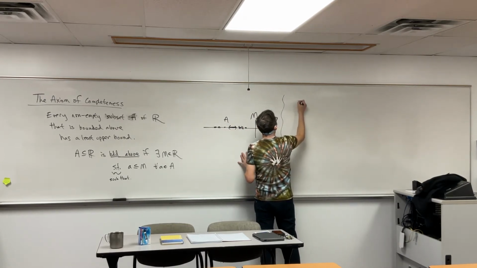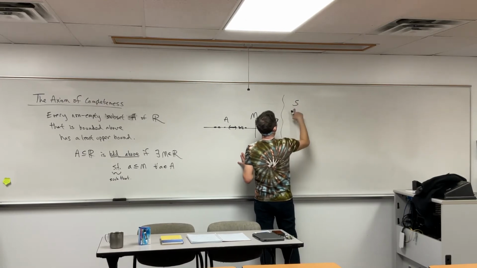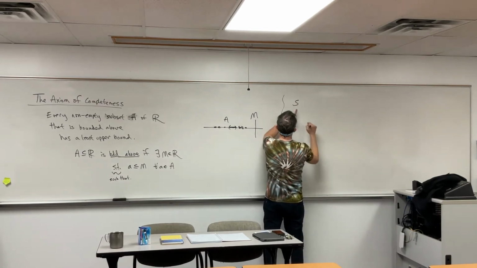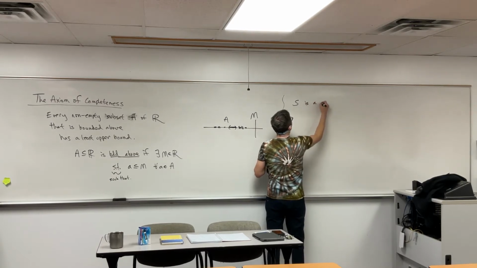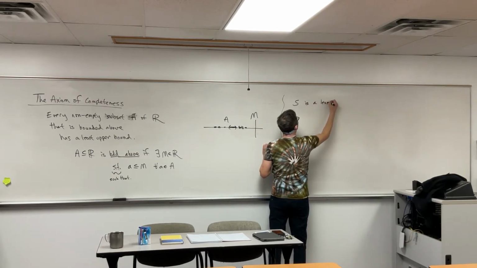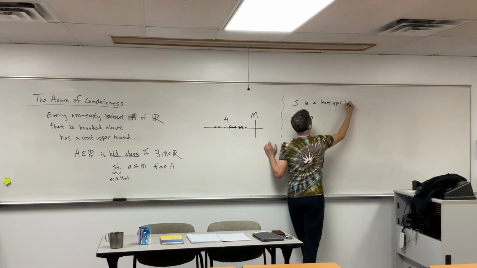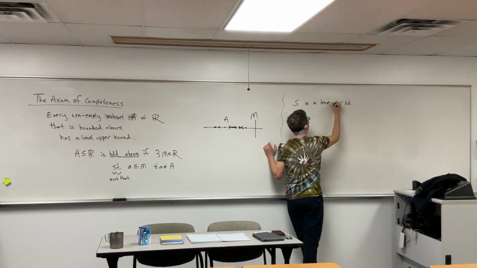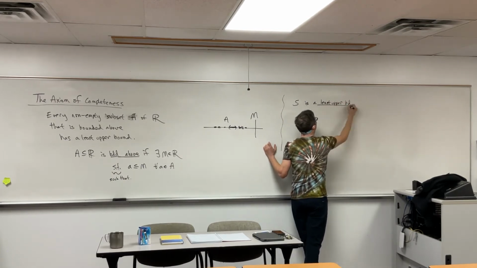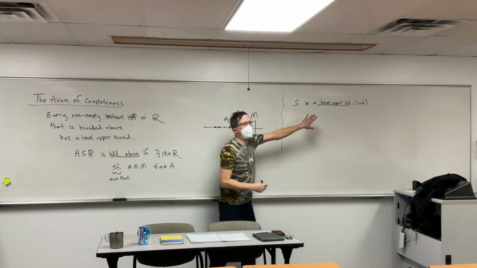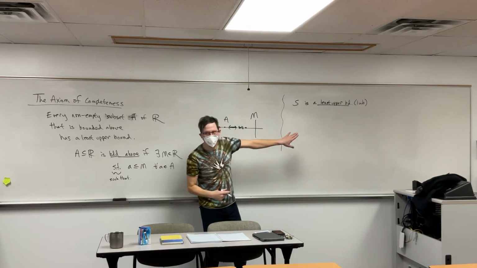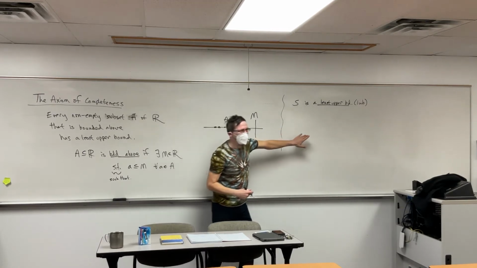So S, we use S for a very good reason. We'll get to it in just a minute. S is a least upper bound, LUB, and you can abbreviate it that way if you want. We're going to end up throwing away that term because we have a cooler term for it.